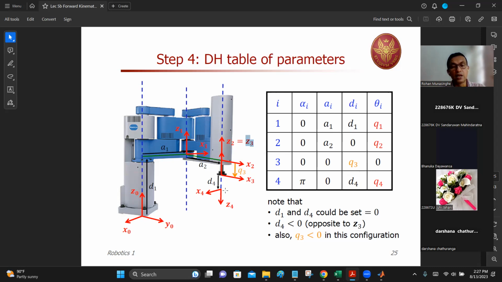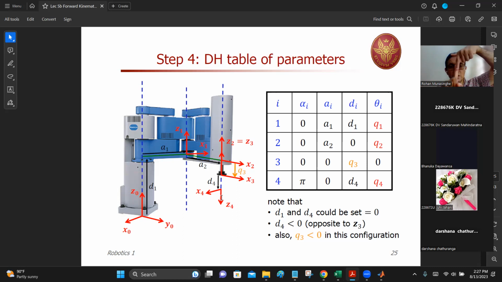And then you rotate around z3. z3 is like that, upwards, x3 to x4. If it has to be anti-clockwise, positive, and that is q4, the angle. And then what you do? You move z3 to z4, but they are coincident, right?